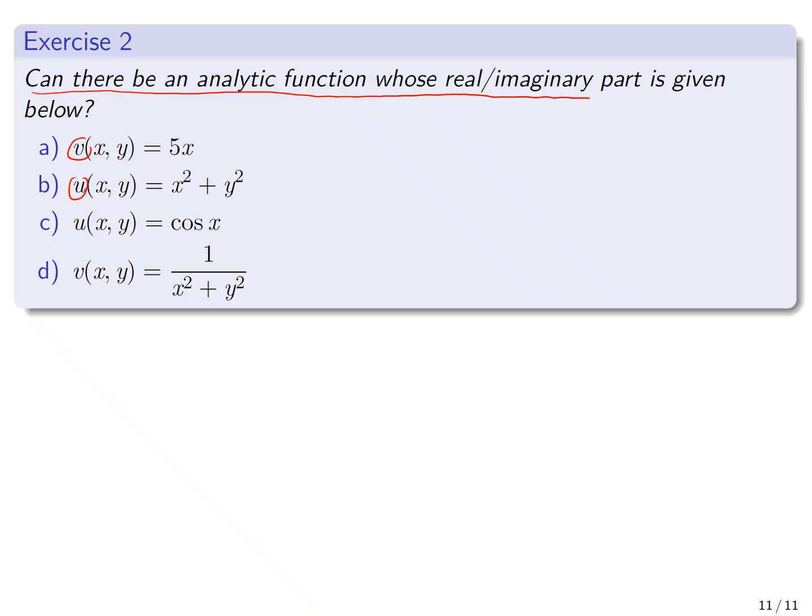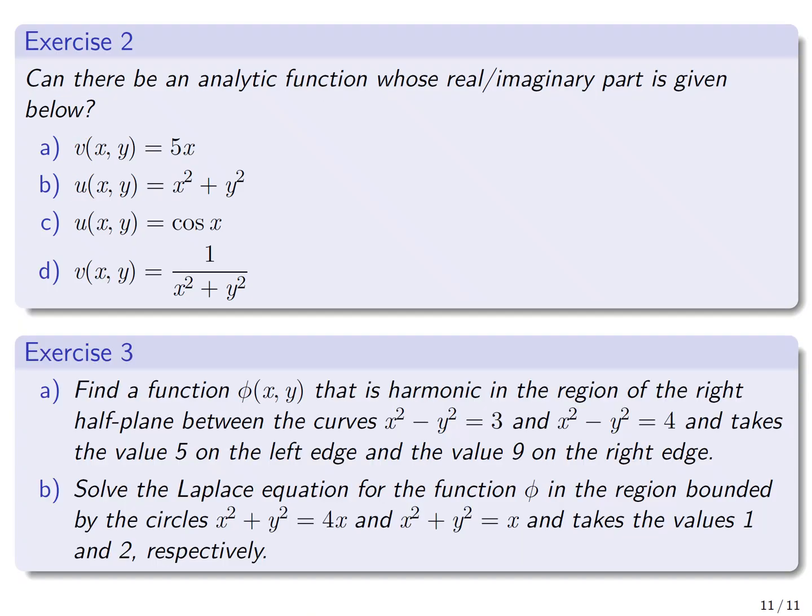We did a similar problem before, and as the last problem, we do a little application problem here. The first one says find a function phi(x,y) that is harmonic in the region of the right half plane between the curves.